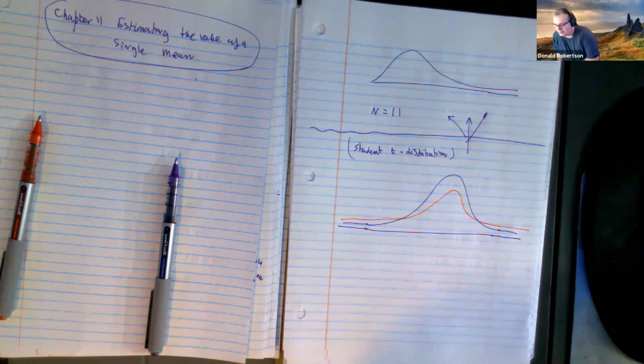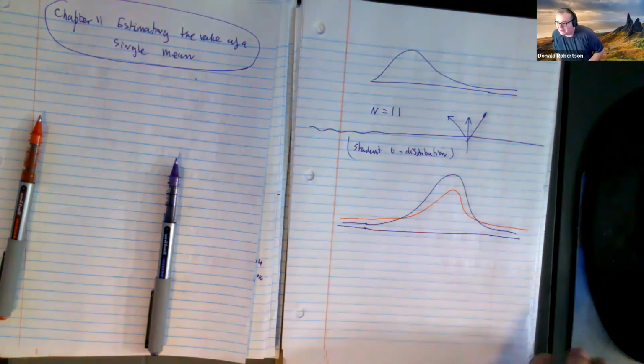We don't want our competition to know, essentially. But he liked it so much, he published it anyway. He got around it by removing all references to anything to do with Guinness. He just made it pure numbers. And he used a pseudonym and called himself Student. And that's how we know it to this day.